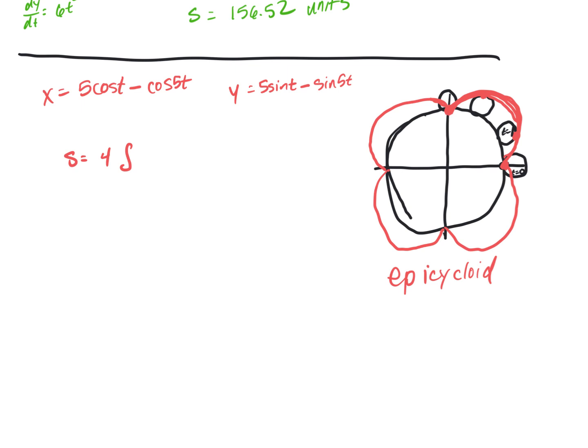Okay, so for the first one, we're going to do 4 equals cosine of 0 minus cosine of 5 times 0. Oh, that's where t equals 0. Yeah? So that one's easy. What about up here? What value of t would give us here? Pi over 2.